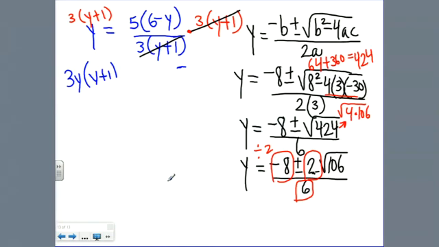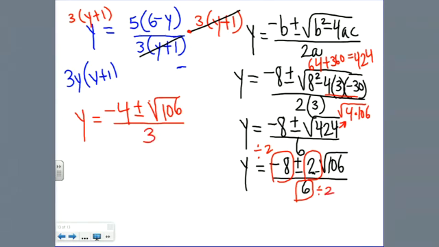Negative 8 divided by 2 gives us negative 4. 2 divided by 2 is 1, but you don't have to put the 1 there. It's understood to be there. We have square root of 106. And 2 can go into 6 3 times. So this is our final solution set.